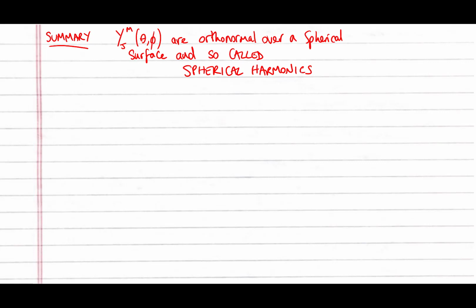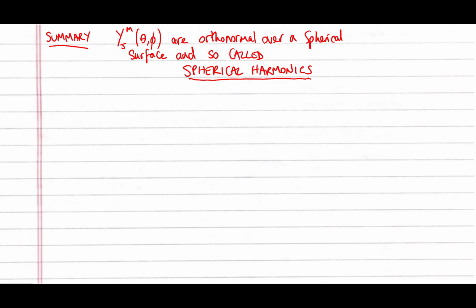So the spherical harmonics are those eigenfunctions that are the solution to the Schrödinger equation for the rigid rotor. So we call those eigenfunctions the spherical harmonics. That's another word for them.